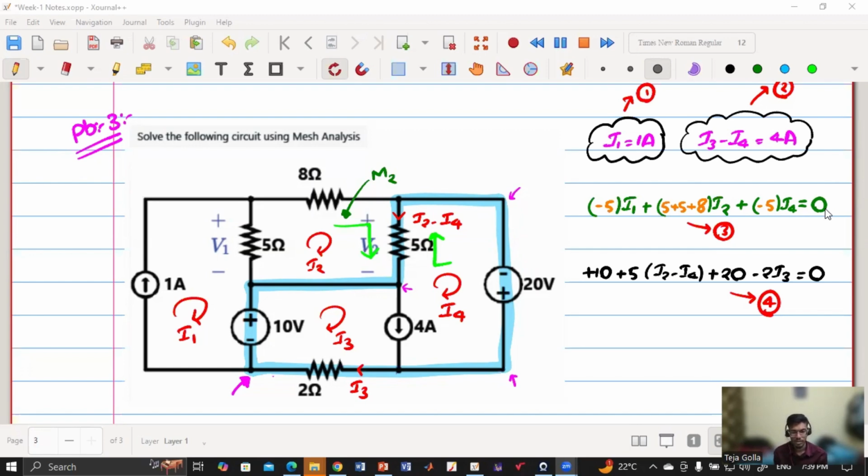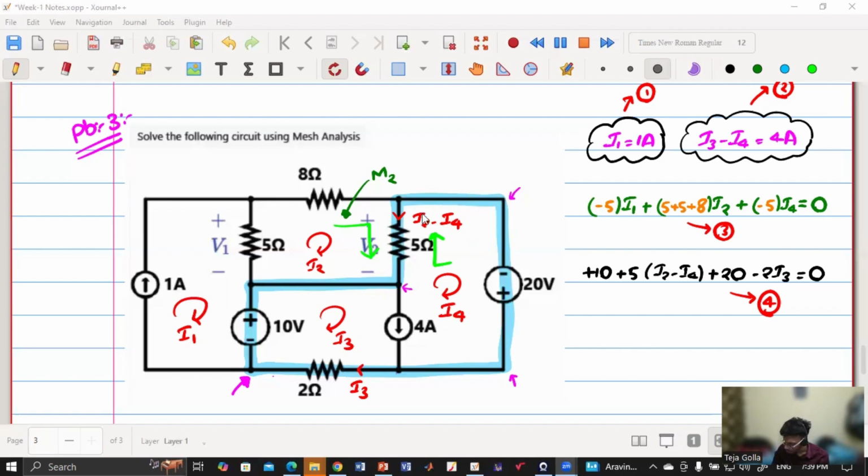In equation 4, minus 5 should come, no, sir. Okay. So you have understood I2 minus I4, right? Until this point, how we are getting I2 minus I4. I2 minus I4 is from top to bottom.